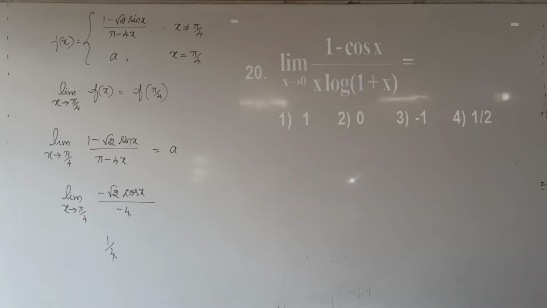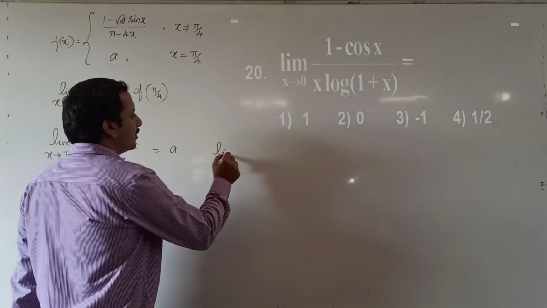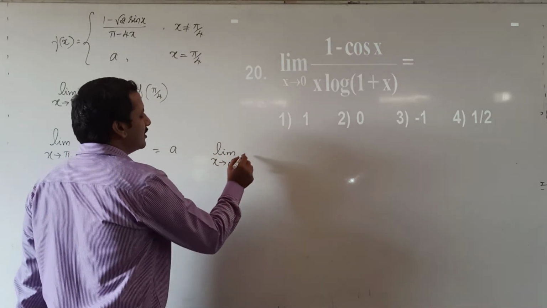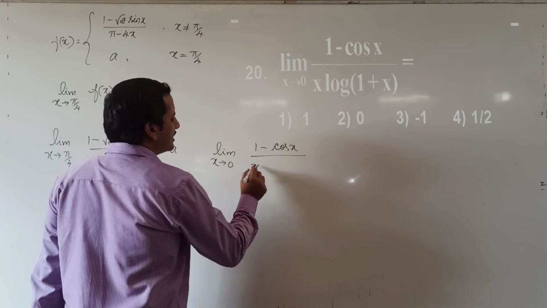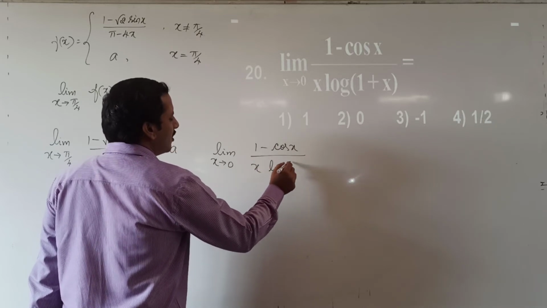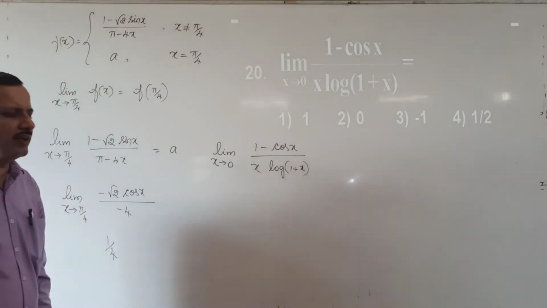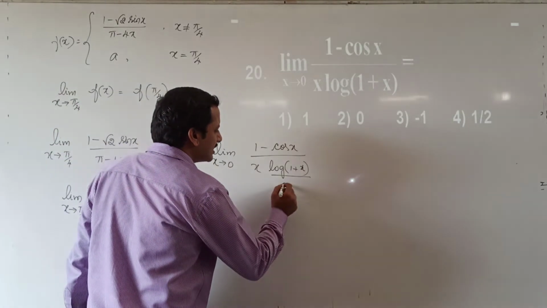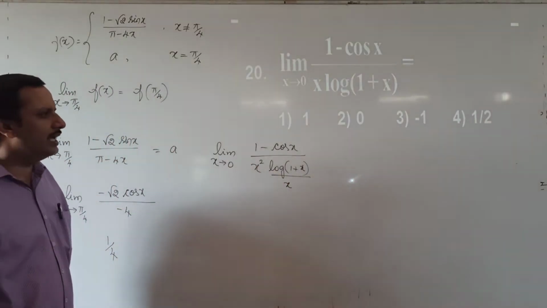Then 20th question. Limit x tends to 0, 1 minus cos x divided by x into log 1 plus x. Here I will multiply and divide by x in the denominator. I'll divide by x here and multiply by x, so it has become x square. Why did I do so?